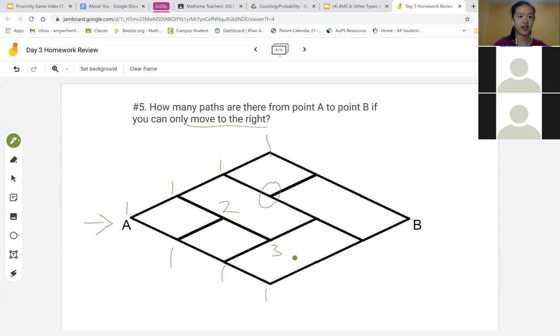Yeah. It would just be 1. It wouldn't be 3 or 2. The reason is because there is no path connecting these vertices together.